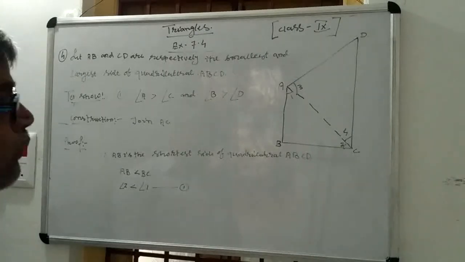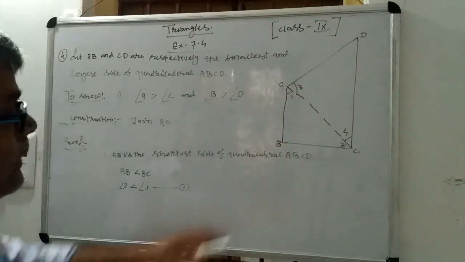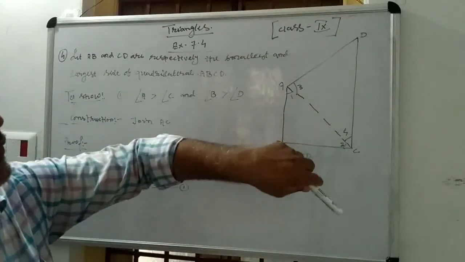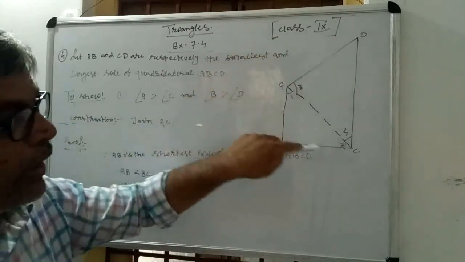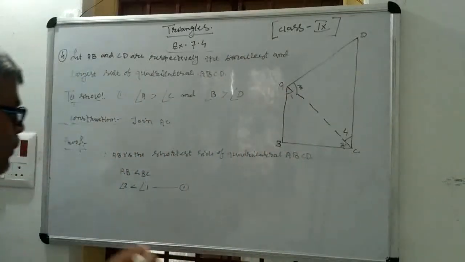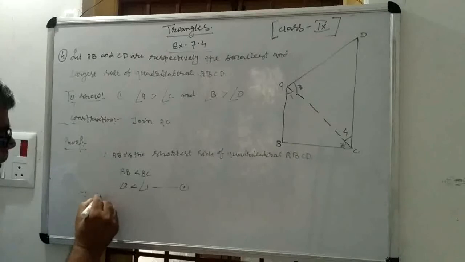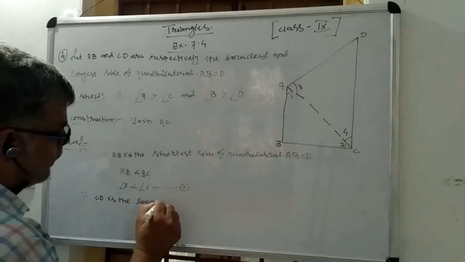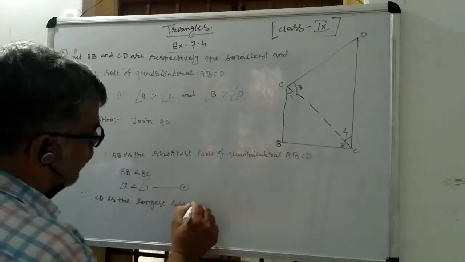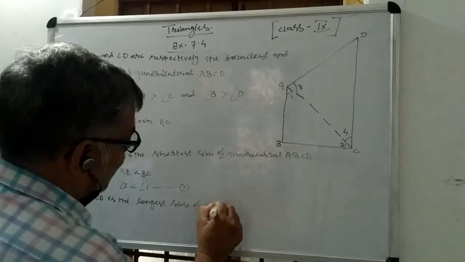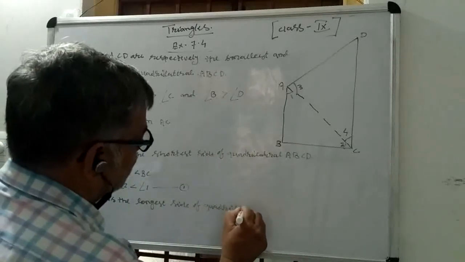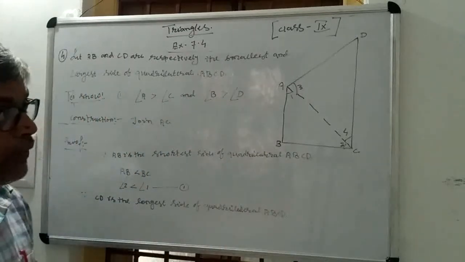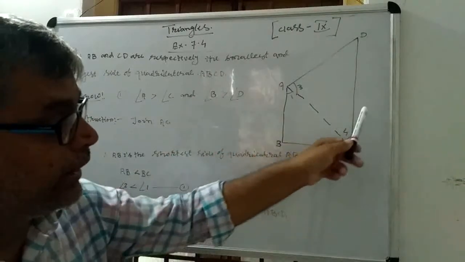Now again you write, since CD was the longest side of quadrilateral ABCD.